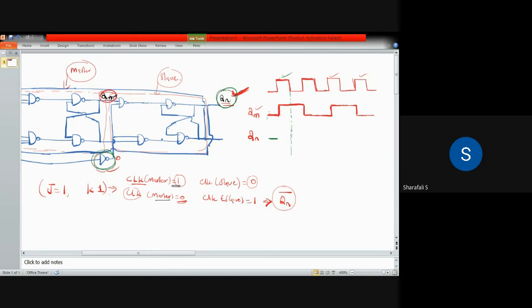So it will get clock pulse equal to 1 when your original clock pulse is equal to 0. Up to that point, this Qn remains in this state, which is 0 initially. And then when it reaches this clock pulse state, that is 0, that will be inverted by this NOT gate, and your slave will become active at that moment.